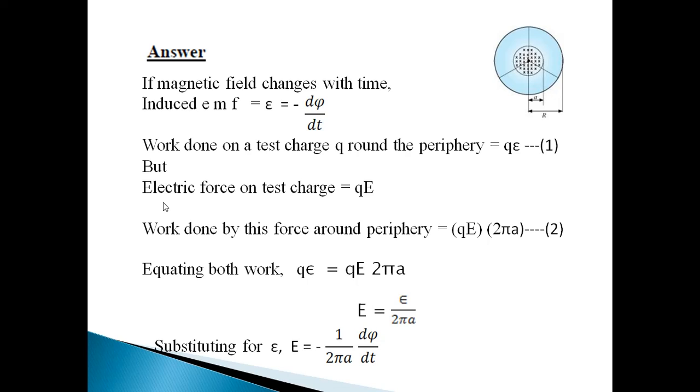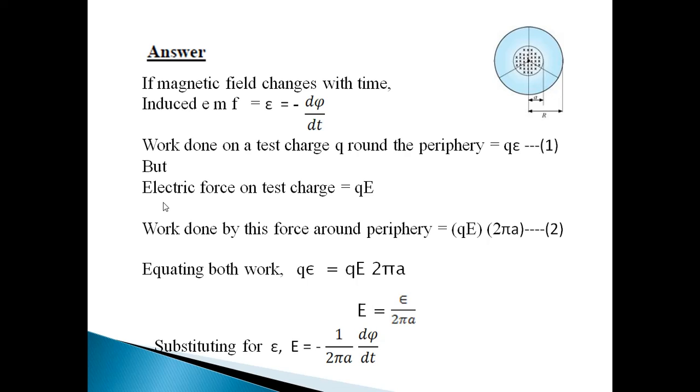That is the work done. But there is already an electric force on the test charge, QE. So work done by this force around the periphery is given by QE into 2 pi a, where 2 pi a is the circumference of the periphery.